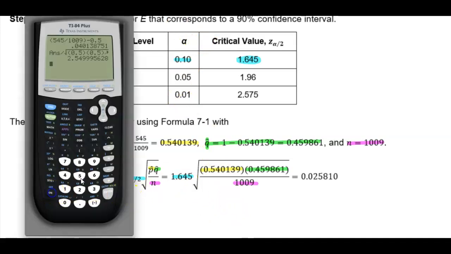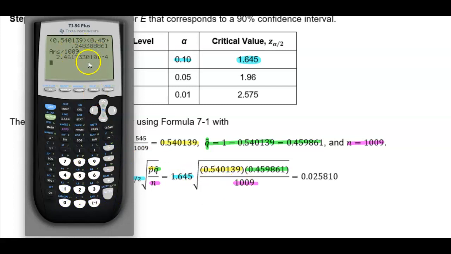The best thing to do here is to start with the square root value. We go parentheses 0.540139, multiply that by 0.459861, press enter, and then divide that result by 1009.